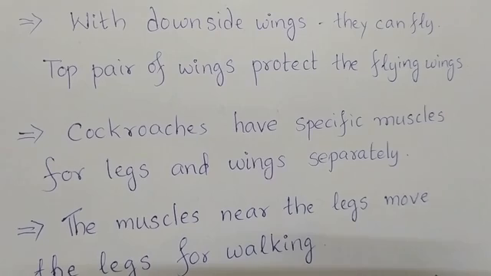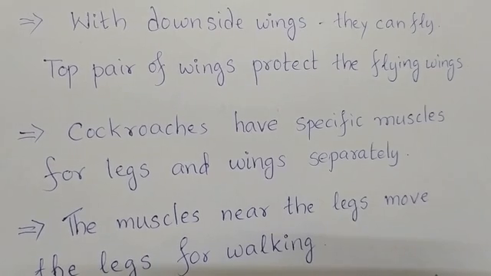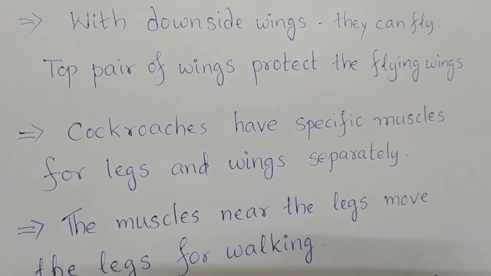But if legs do not move, there is no possibility of walking. If wings do not beat, there is no possibility of flying, right? So, to make the legs move, to make the wings beat, specific muscles are needed.